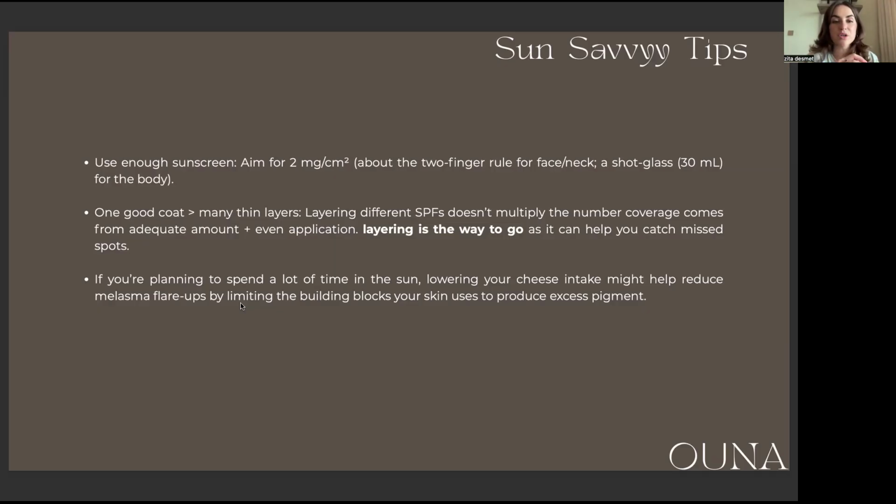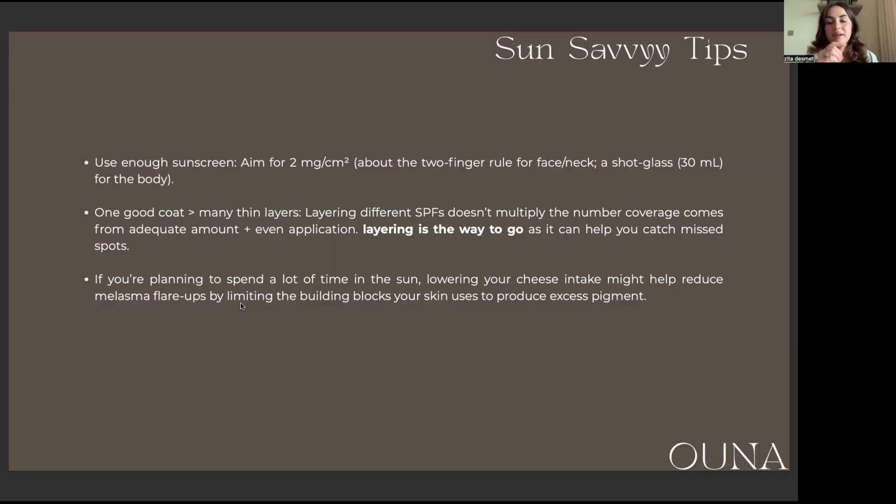However, if it's just a daily dose and you're inside, maybe a mineral sunscreen would be enough for you during the day. So I'm a big, big, big believer that layering is the way to go.